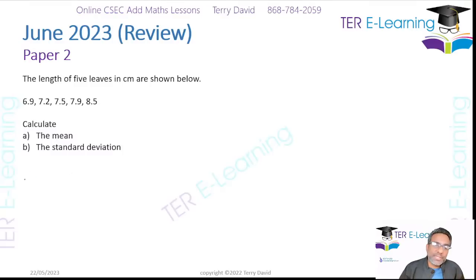So first things first, part A, calculating the mean is very easy. So mean, which is x bar, is simply sigma x over n. So in this case here, we're going to add up all these lengths: 6.9 plus 7.2 plus 7.5 plus 7.9 plus 8.5.